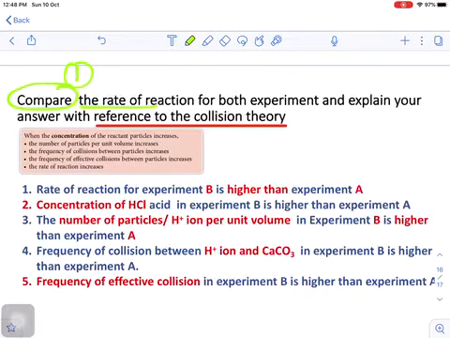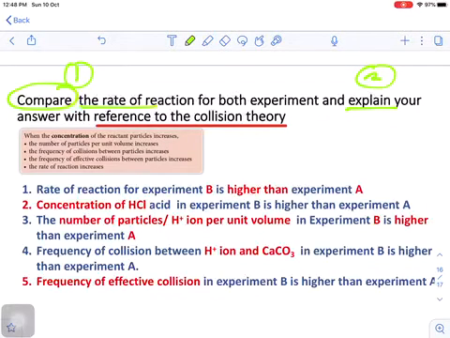And then explain your answer based on collision theory. So, the first point is compare. The rate of reaction for experiment B is higher than experiment A. Or we can say rate of reaction for set B is higher than set A.